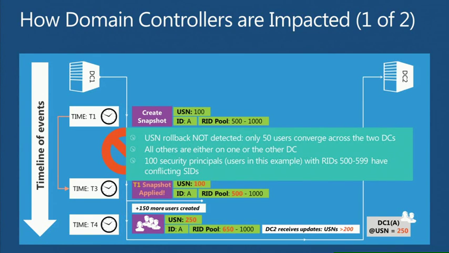So only 50 users out of the 150 have now moved over to domain controller 2. So we've just lost 100 users, and they will never go to any other domain controller at this point in time. So that is a problem for us.